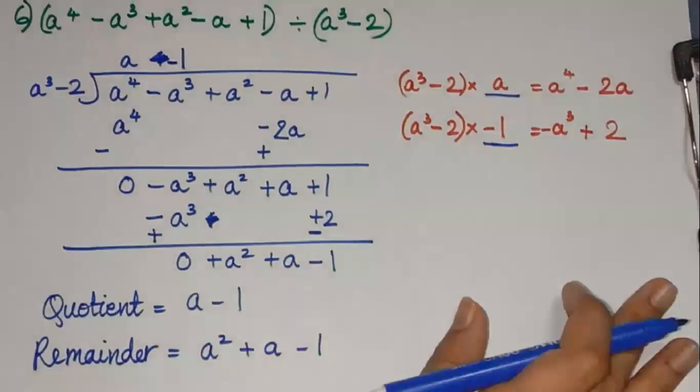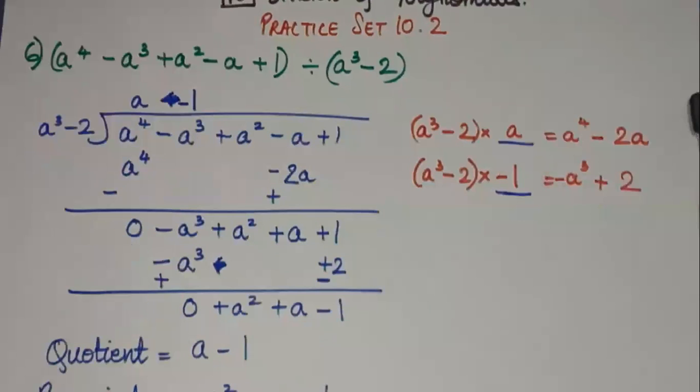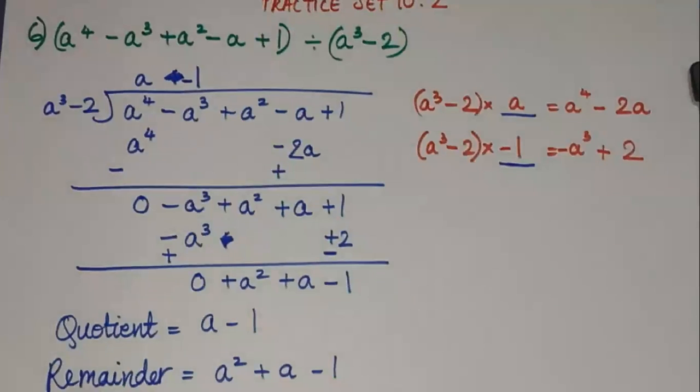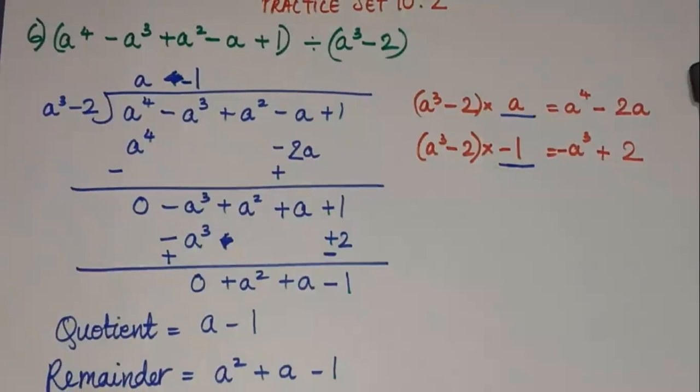So girls, the rest of the other sums you do as homework. The sums number 2, 4, and 7 are to be done as homework. The 7th sum, I guess girls, it will be very difficult for you to do. So I say try doing it if you can.